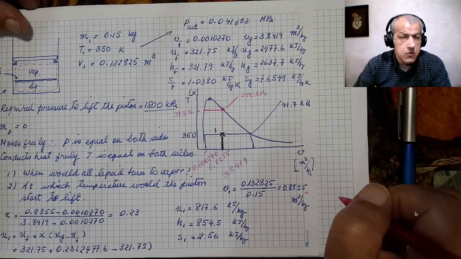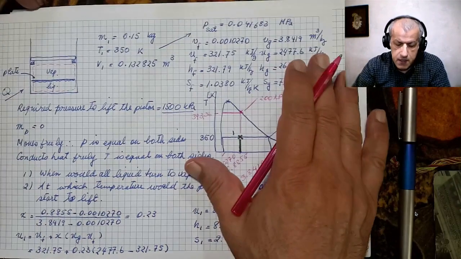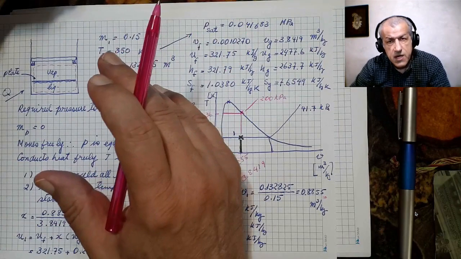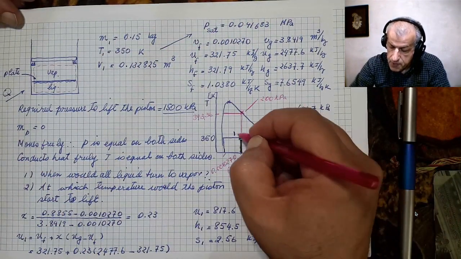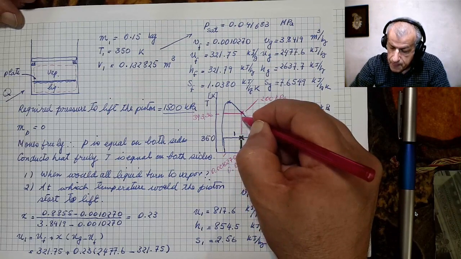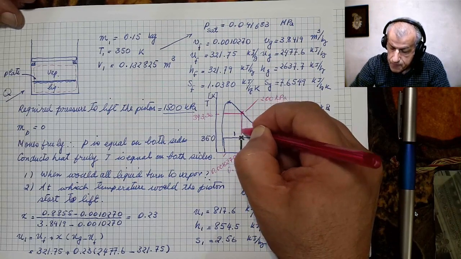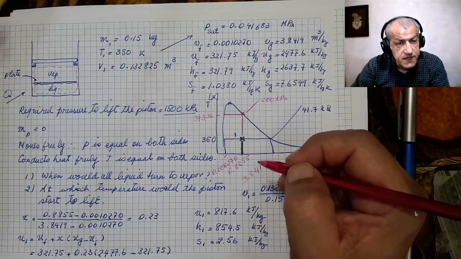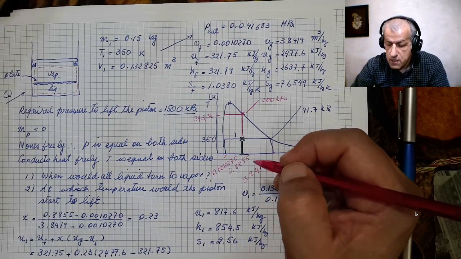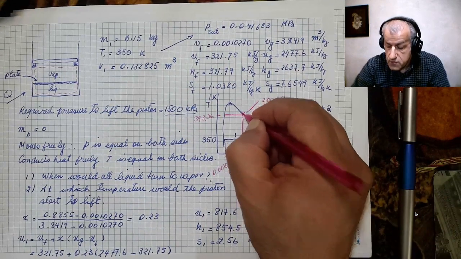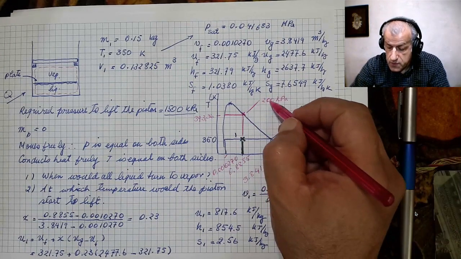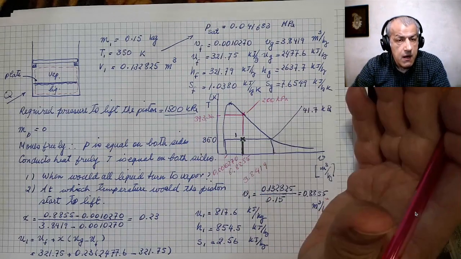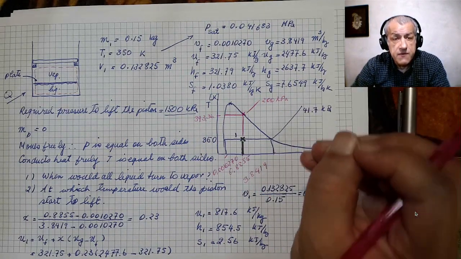So the conclusion that we make is that as we heat this cylinder, the temperature goes up, the pressure goes up, the process is specific volume constant, and therefore the first point that we reach is the saturated vapor at 200 kilopascals and 393.36 kelvins. So the piston won't lift.